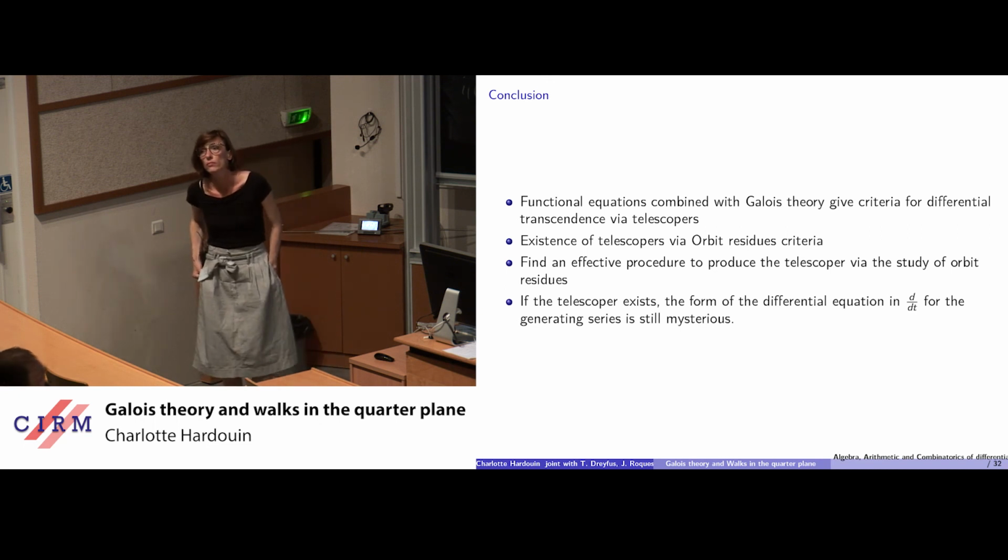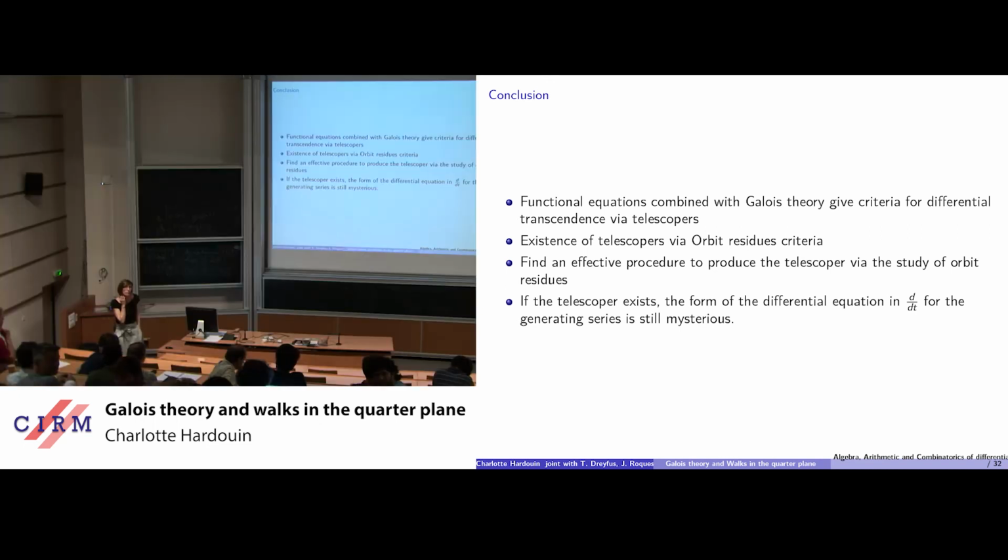In this walk problem, you have nearest neighbor walks corresponding to a biquadratic kernel, and biquadratics are well known to be elliptic curves. How about more general walks where maybe you have next nearest neighbor walks and a bicubic kernel, which is not going to be an elliptic curve anymore?